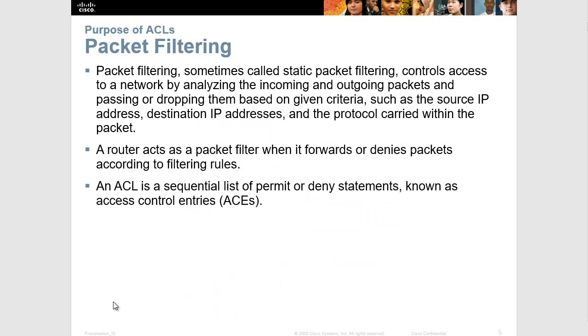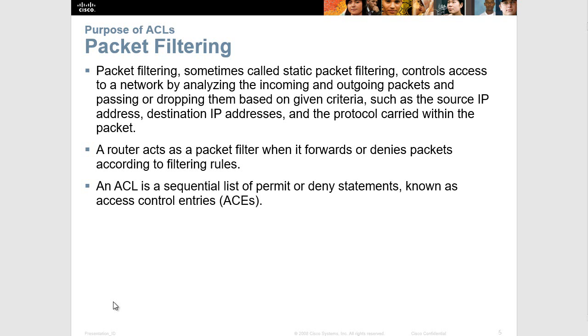So these access control lists are going to use packet filtering, which is going to filter your traffic based on the contents of packets that are moving across your network. There will be criteria such as the source IP, destination IP, and protocol or port carried within the packet.